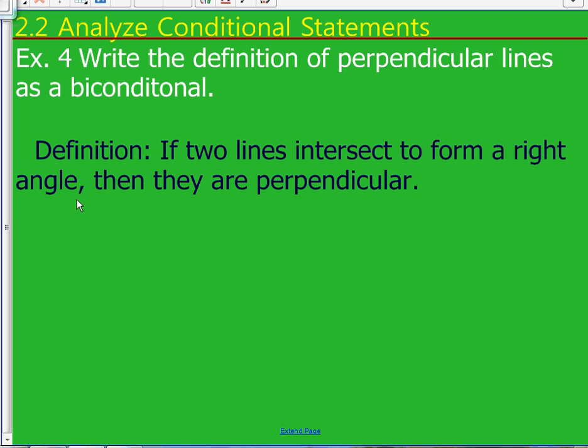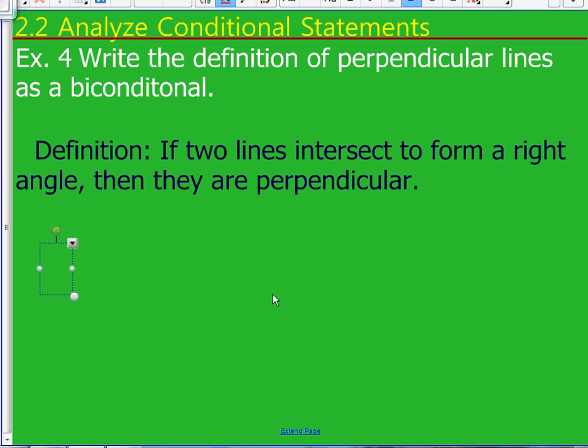we can write a definition coming off of this. We have, if two lines intersect to form a right angle, then they are perpendicular. Okay. So we could write this as a biconditional.